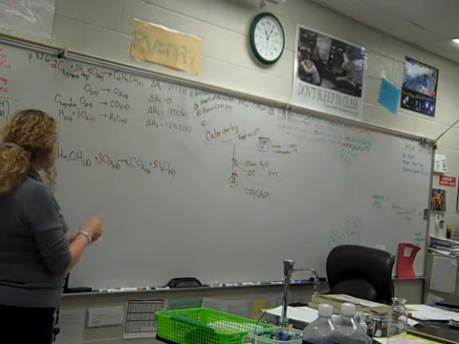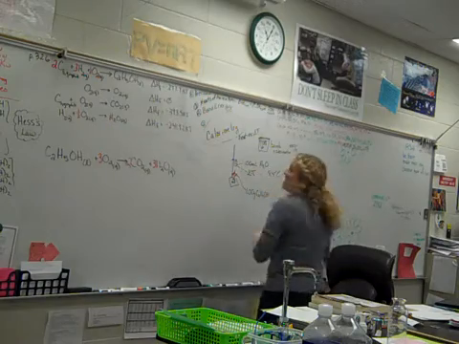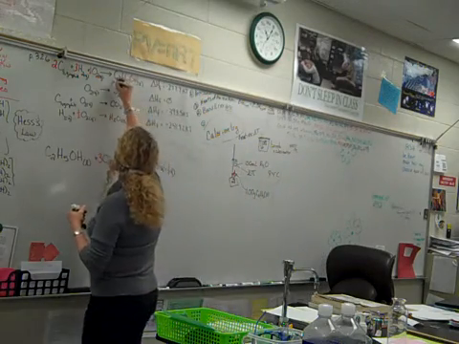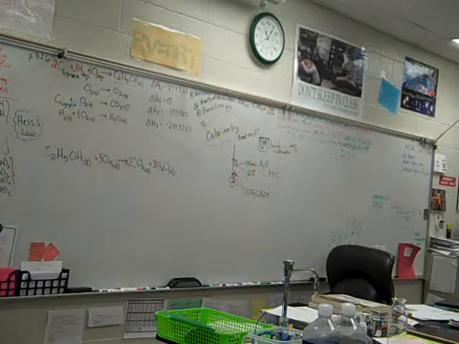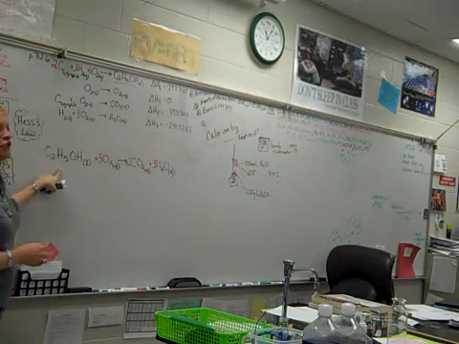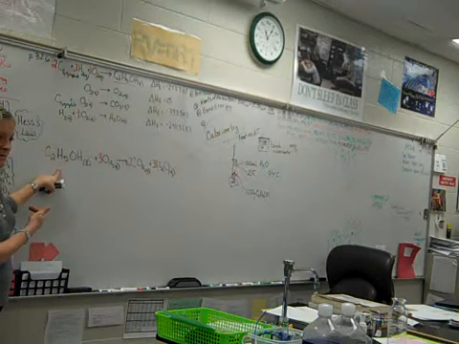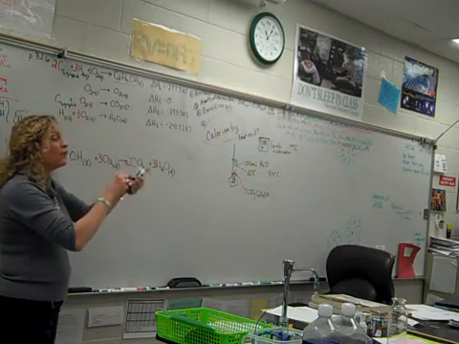So let's start out with C2H5OH. I see it only right here, so I'm going to use that reaction. But in this reaction it's a product, and it needs to be a reactant. What can I do to this reaction? I'm going to reverse it, flip it.